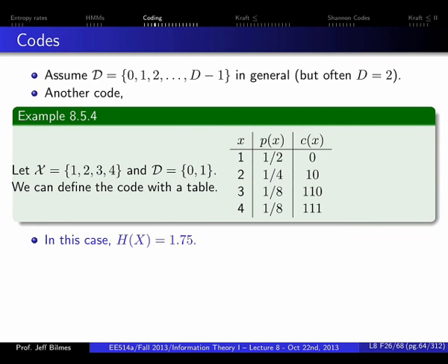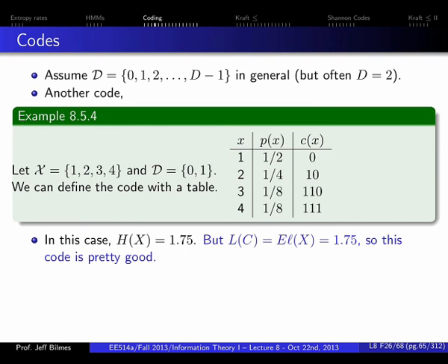In this particular case, the entropy of this probability distribution is 1.75. So that's the entropy. We know we can't do better than 1.75 from Shannon's theorem. And this particular code happens to have expected length 1.75. Not bad.